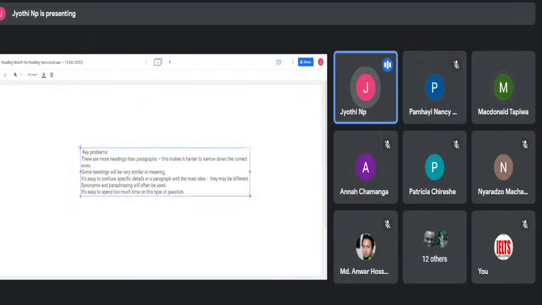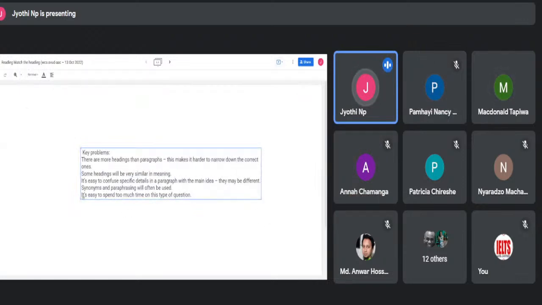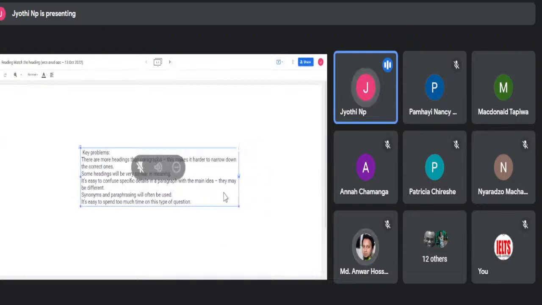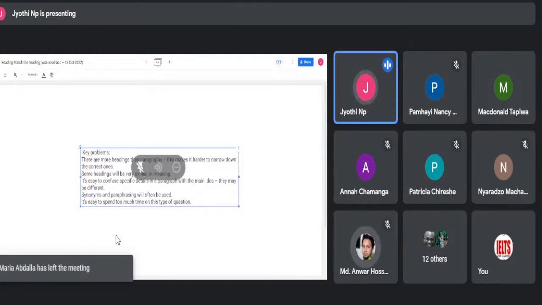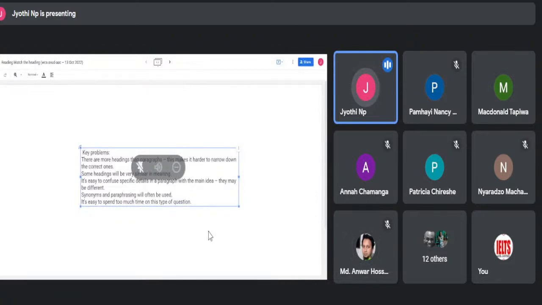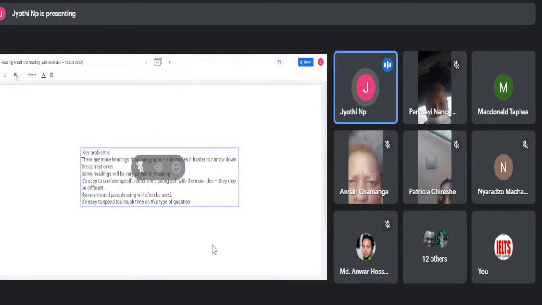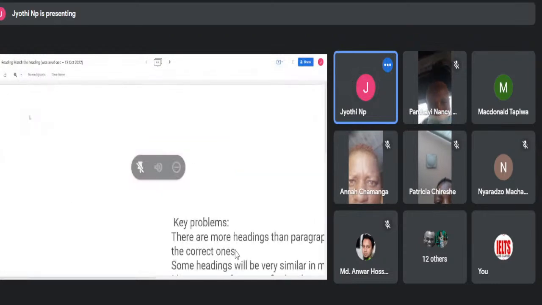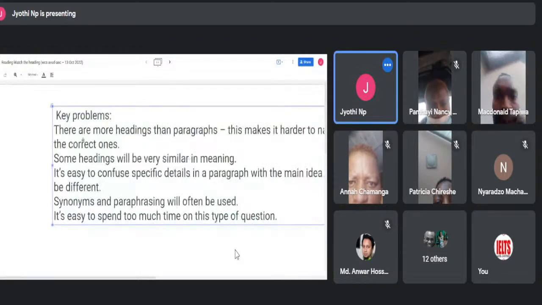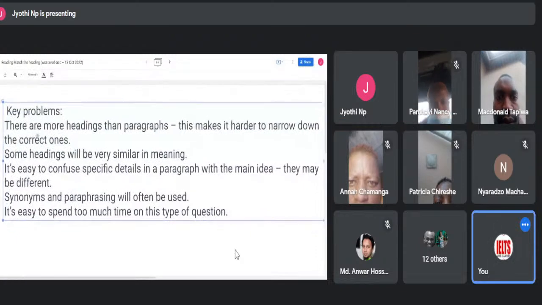Is it all visible? Can you all see? Yes, ma'am. Okay, that's good. Now here basically what are the problems? Sorry? Make it a little larger. You want, okay, I mean this is actually large itself. Okay. Yeah, now it's clearly visible. Thank you.